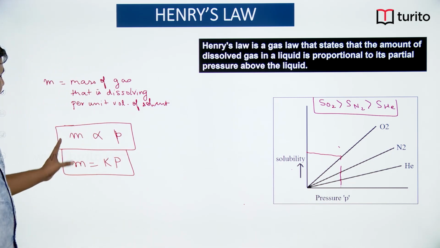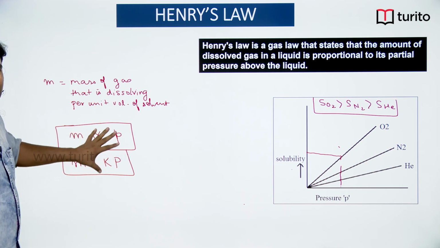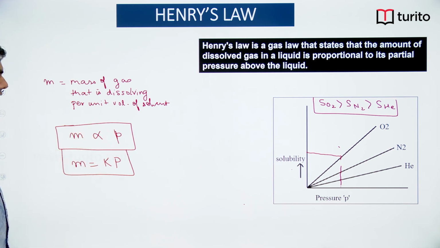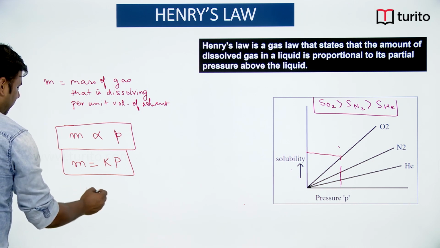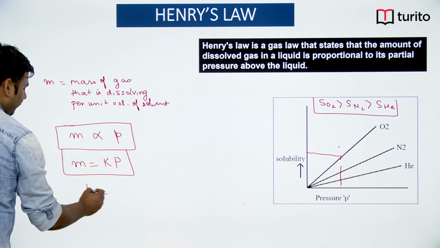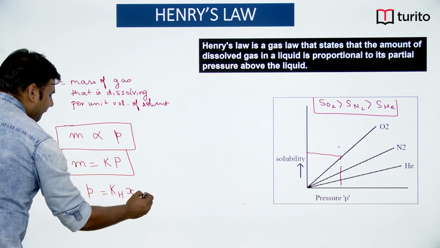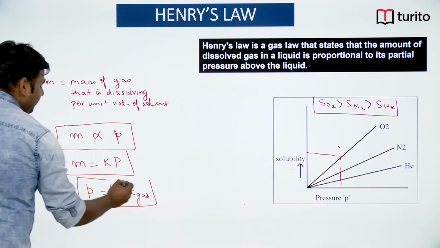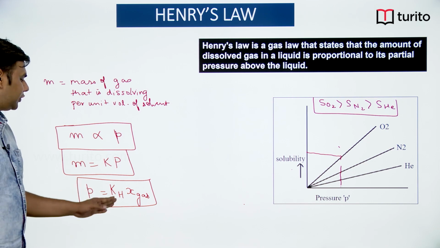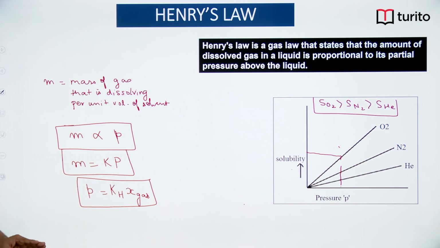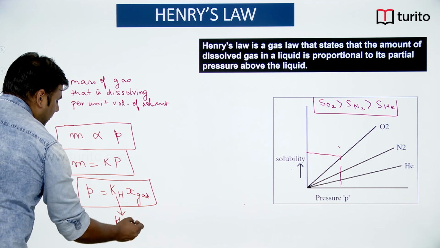So if we rewrite this equation, if we divide by molar masses and rework the expression, the expression would come out something like this: P equals Kh into the mole fraction of the gas, where Kh is called the Henry's constant.